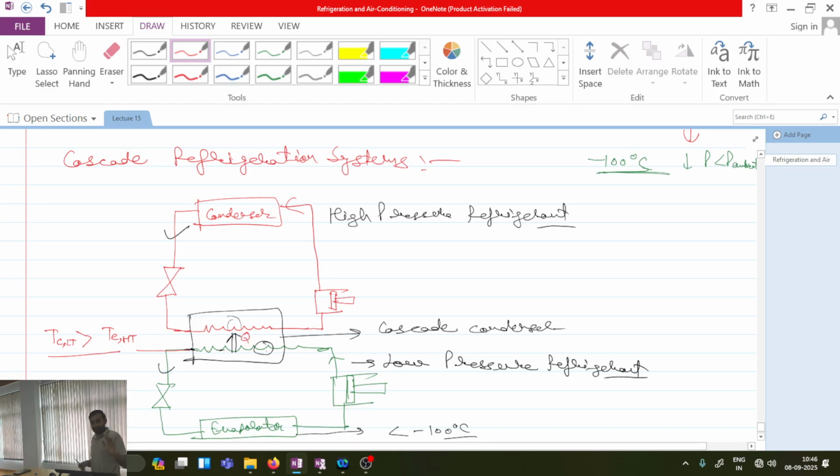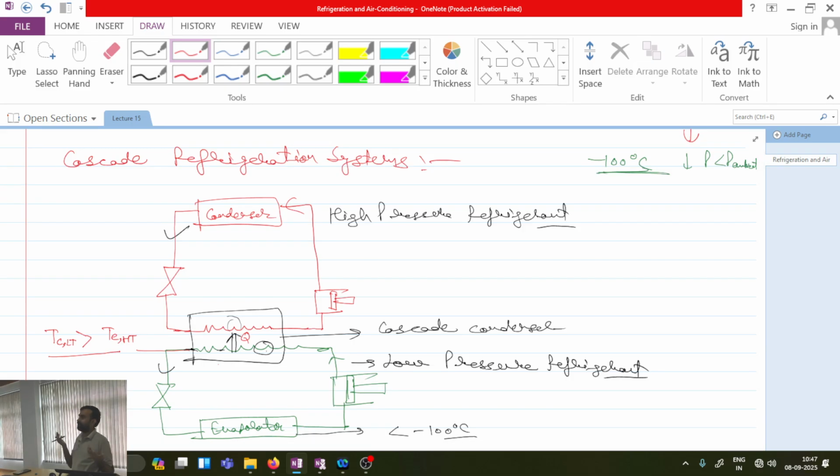So it means that cascade systems have inherent irreversibility. Is this point clear? Generally, even when we consider the standard VCRS cycle, we say that we have all internally reversible processes. But over here, this process will not be internally reversible because we have a finite temperature difference between the two sides.